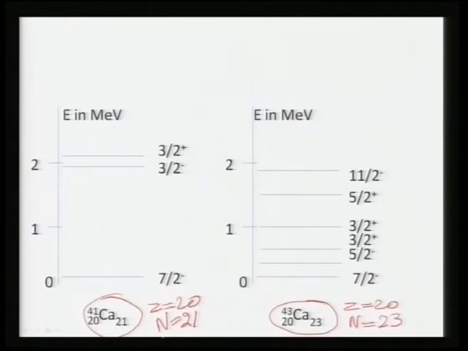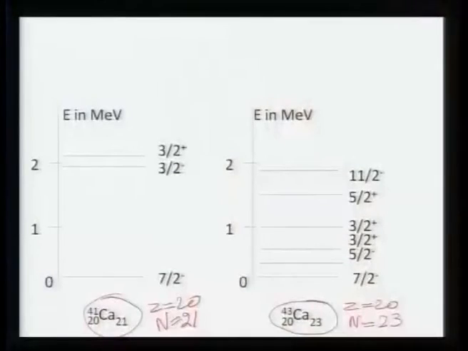But you can see that there is a huge difference, right. There is a huge difference in the energy levels of calcium 41 and calcium 43. You have so many low energy states coming in. According to the extreme single particle shell model, let us see what you expect for these excited energies.